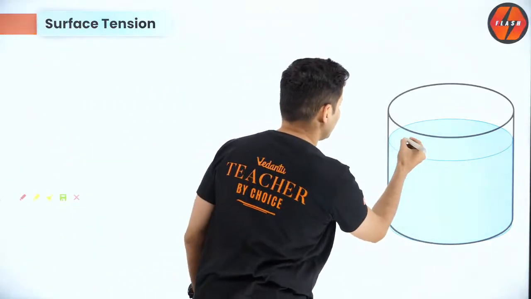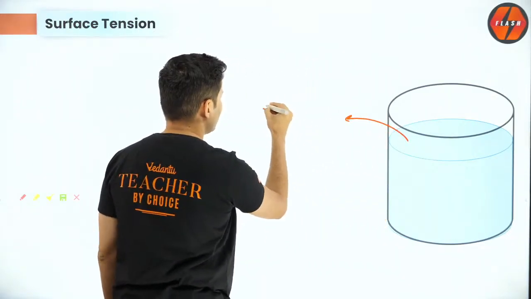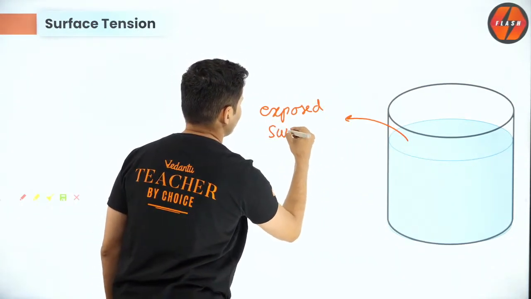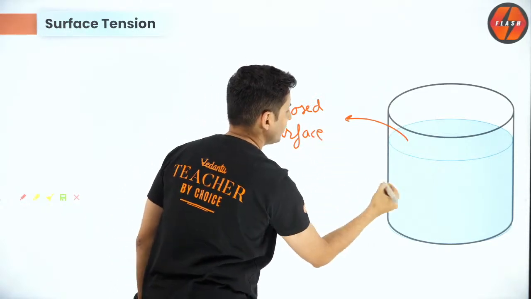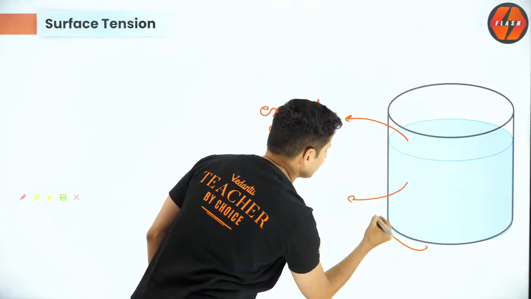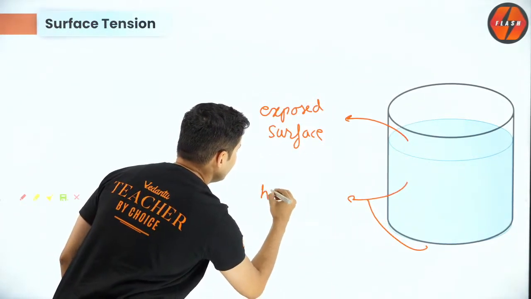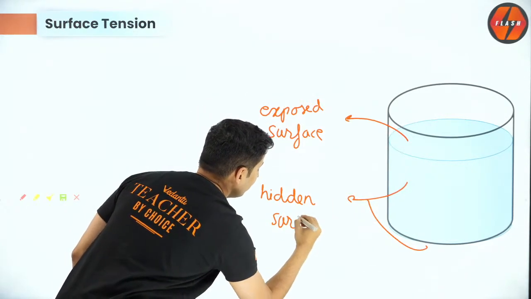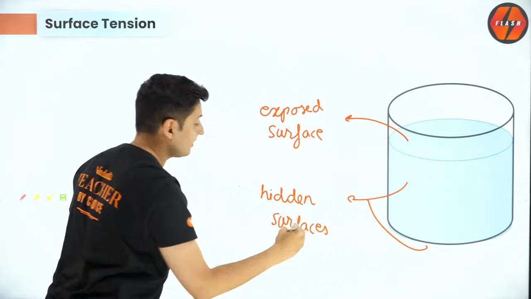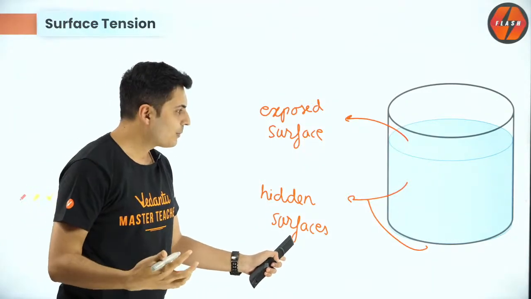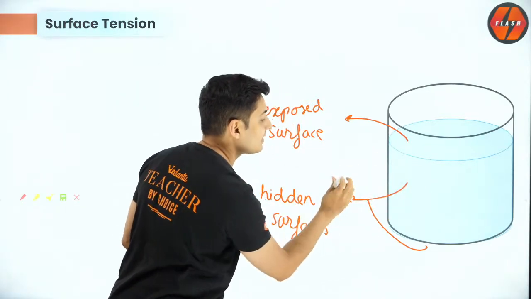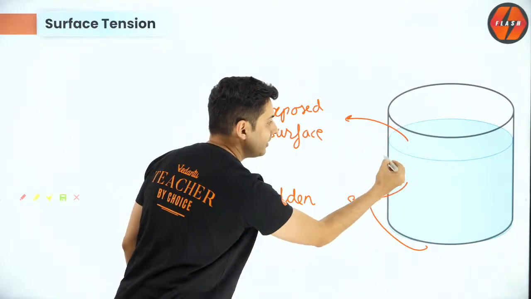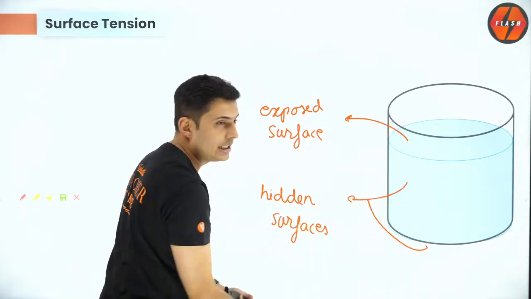I'll just mention it. This is basically the exposed surface. These ones over here are hidden surfaces. They are called hidden surfaces. We will deal with these hidden surfaces in the next session, because these hidden surfaces are going to probably make bonds with the molecules of the container.